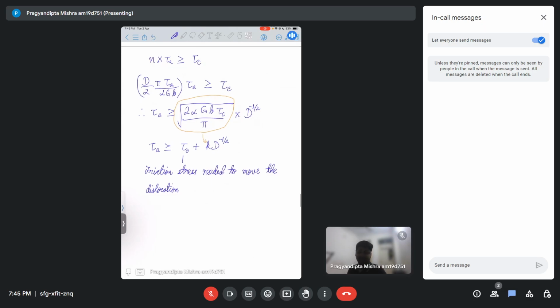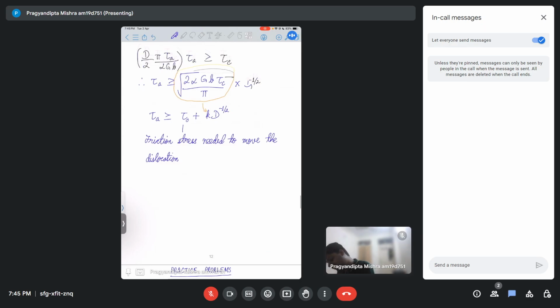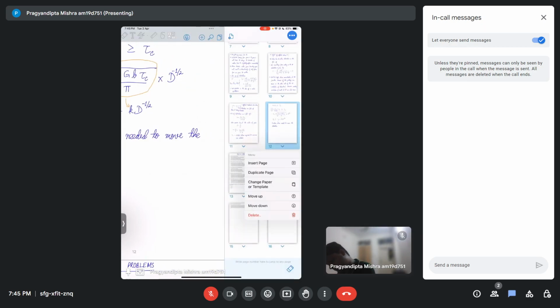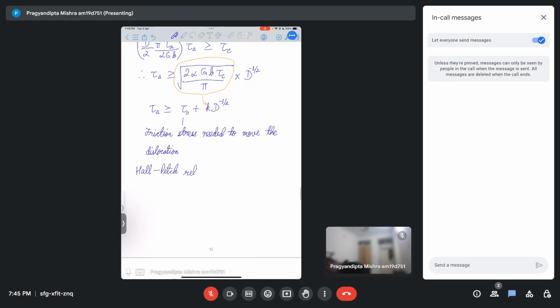So this is my final expression, and this is commonly known as the Hall-Petch theory or Hall-Petch relation, which is sigma y is equal to sigma naught plus k divided by root of d.